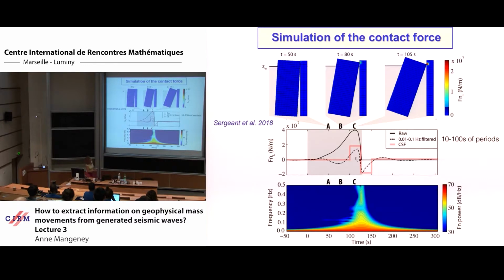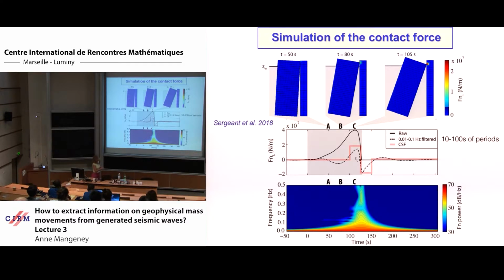So if we look at different times, this is the same simulation here, and this is the force that I showed before. And what you see is that if we filter this force in the frequency band of seismometers, you recover this positive-negative shape. It is not at all related to the physical process, it's related to filtering.